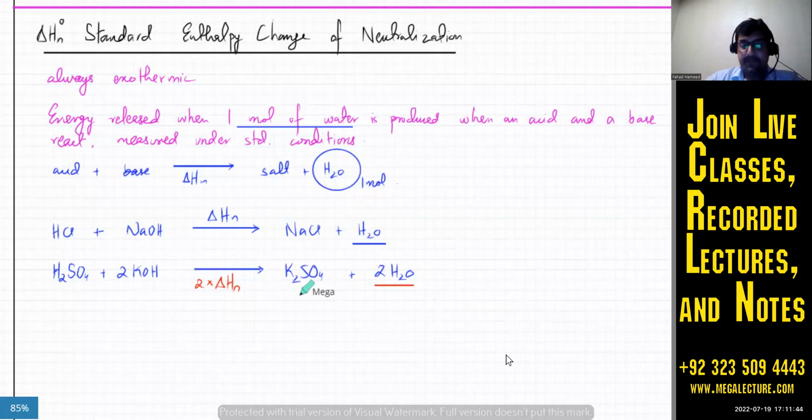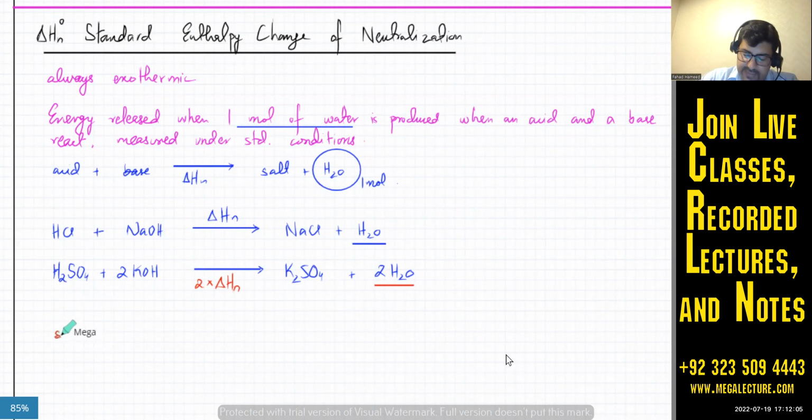Achha, one thing, first thing, can anyone answer me? Why is it always exothermic? Achha, one thing is that it's always exothermic. The other thing is, no matter what the acid or base is, the enthalpy change of neutralization always has the same value. So both of these reactions have the same value.